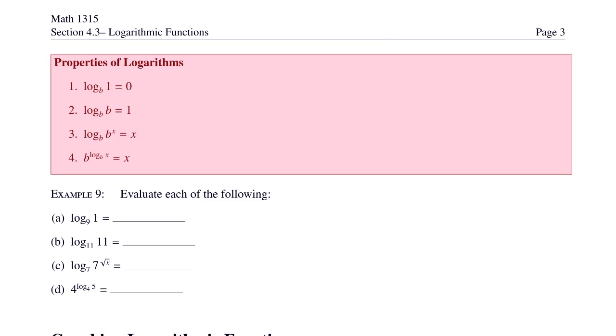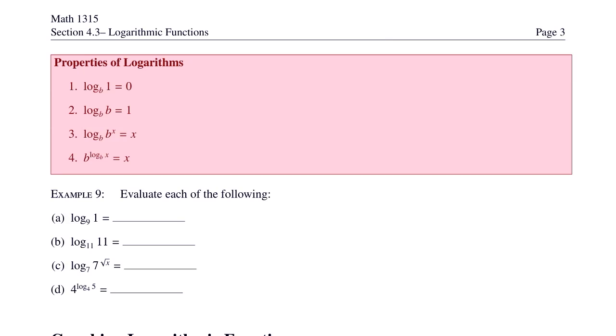Let's look at the properties of logarithms. So number 1 is log base b of 1 is equal to 0. Now you should be able to justify each of these properties by thinking back to the exponential property that it comes from.